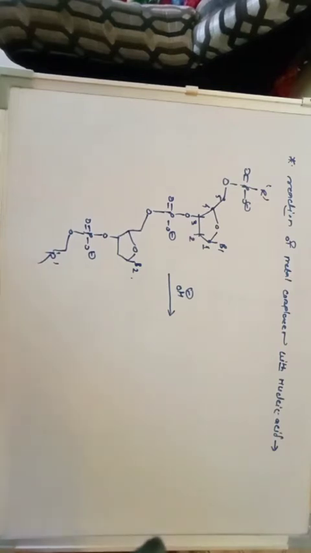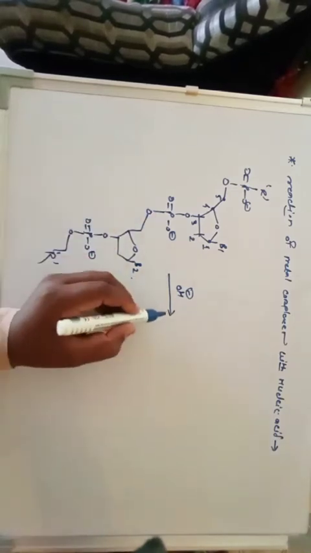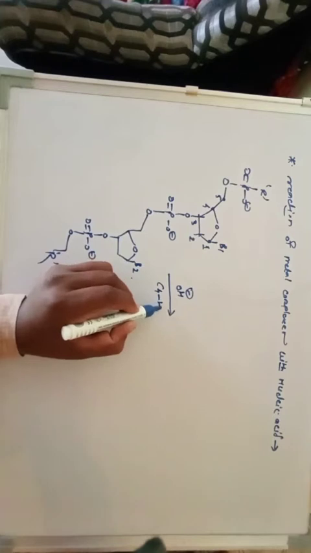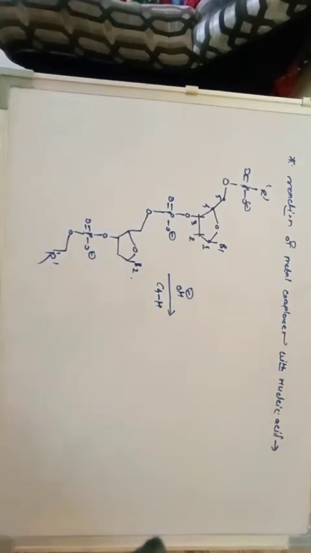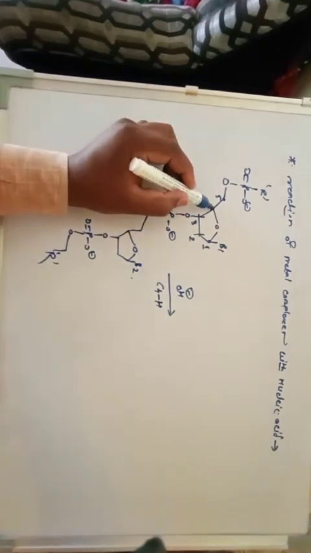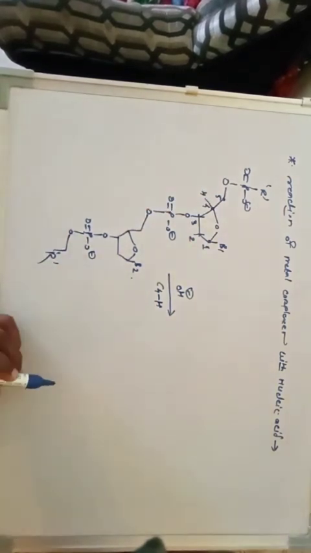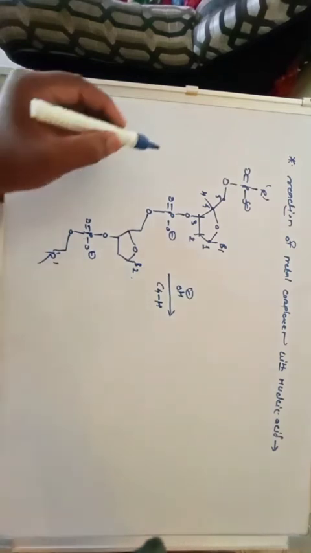So what happens? Let us consider, for example, C4 hydrogen abstraction. This hydrogen is abstracted by these OH radicals.